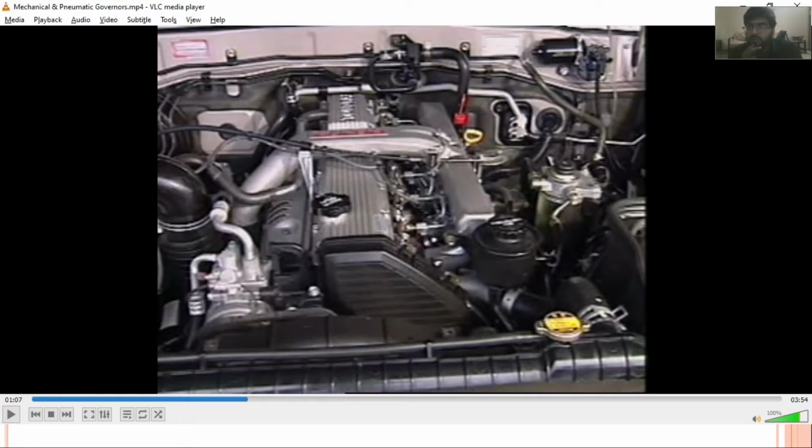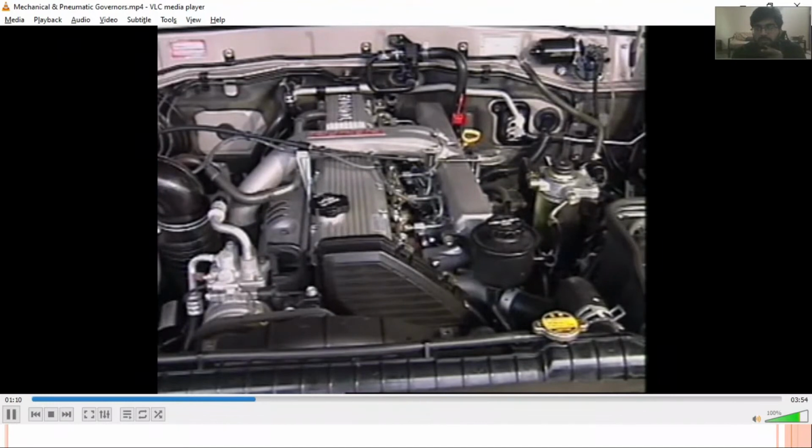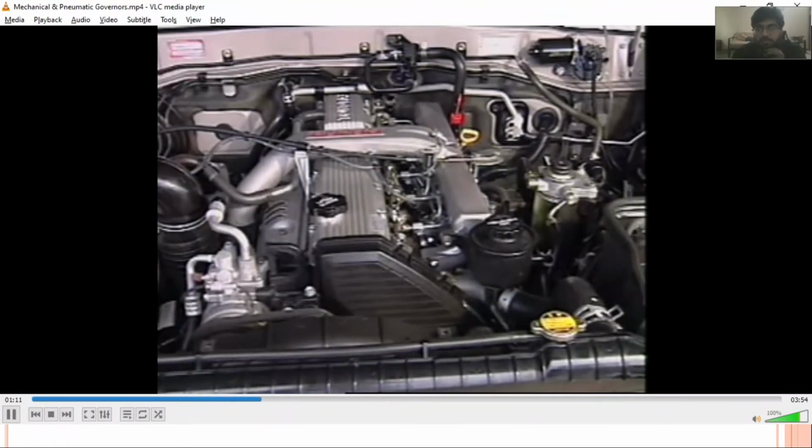That's why these governors are called limiting governors, because the main purpose of these governors is to overcome undesirable circumstances. Idling speed and maximum speed is all they control. That's why these governors are called limiting governors.